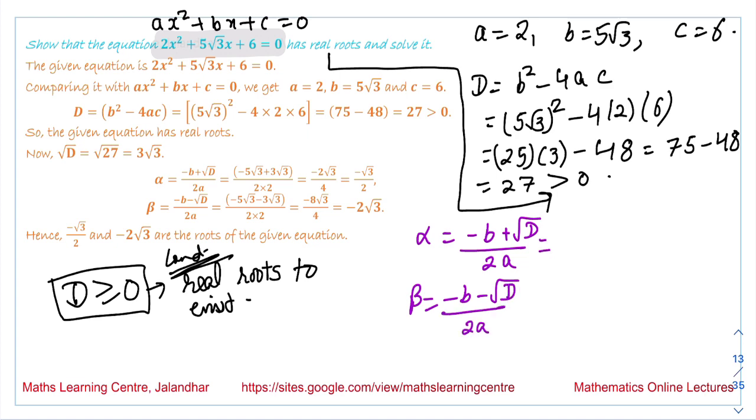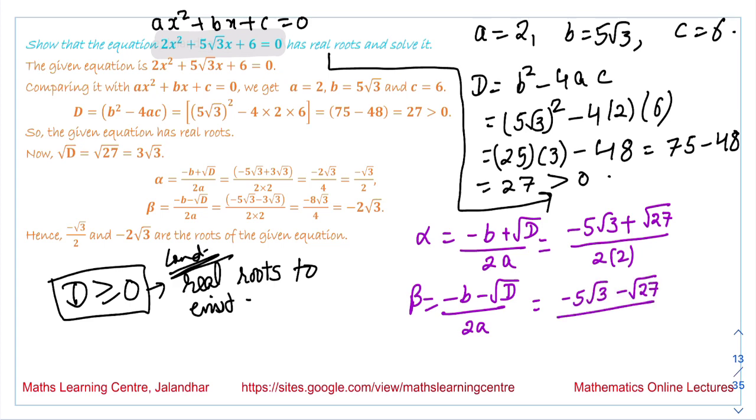So this is equal to minus 5 root 3 plus square root of d, which is 27, over 2 times 2. It is minus 5 root 3 minus root 27 by 2 into 2.